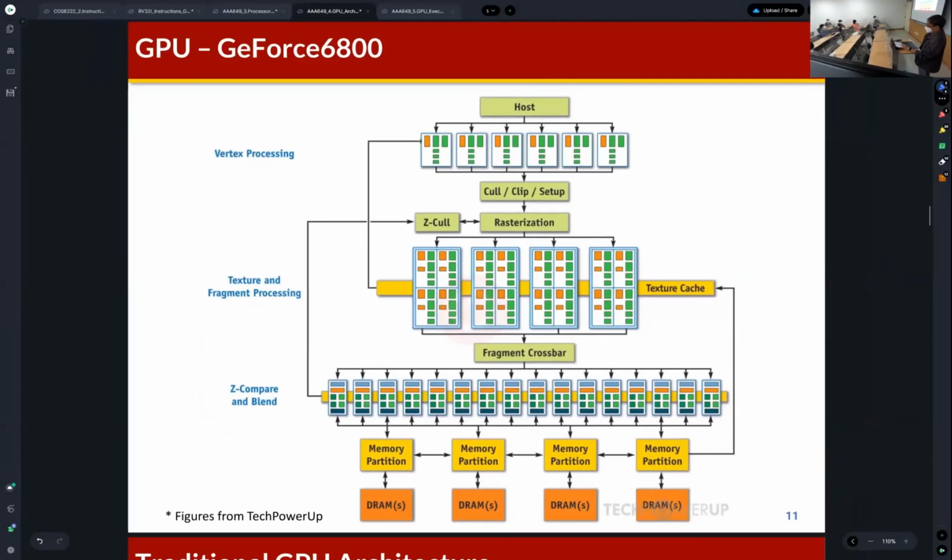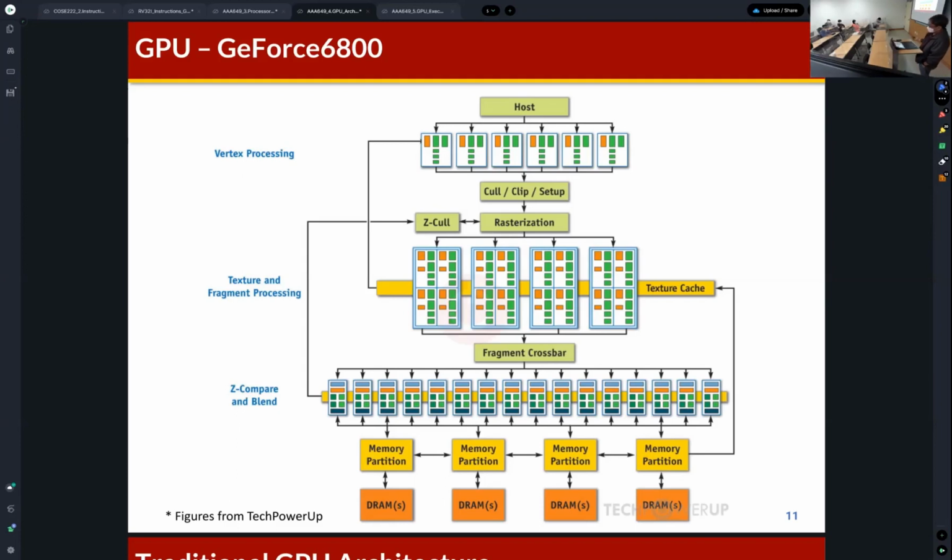architecture of the NVIDIA GeForce 6800. Actually, the early GPUs supported the graphics pipeline only. So it supports only graphics instructions.